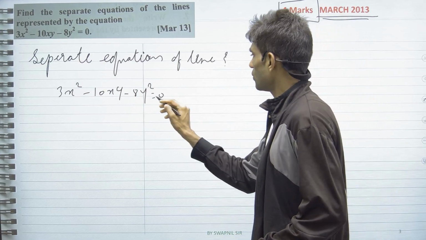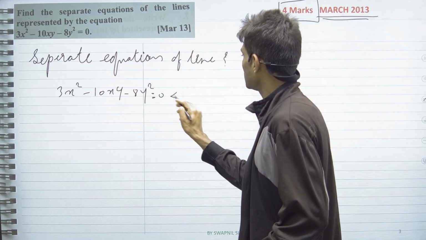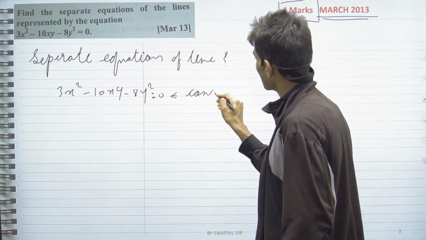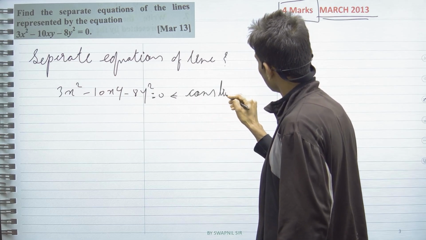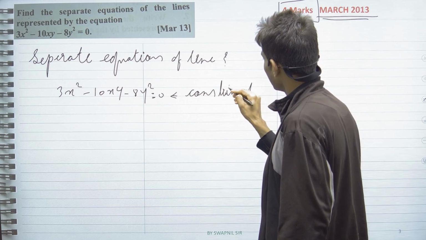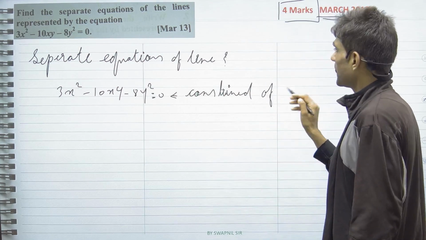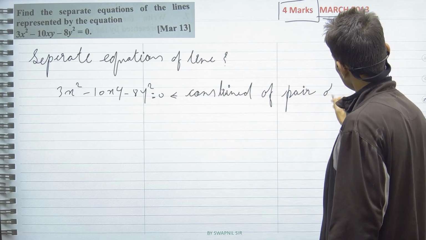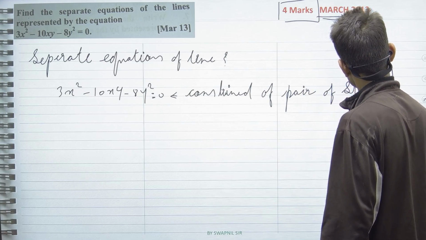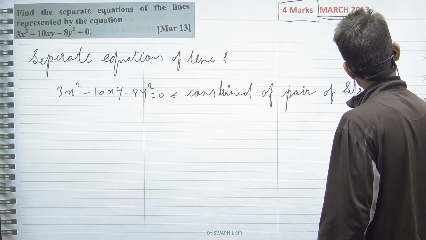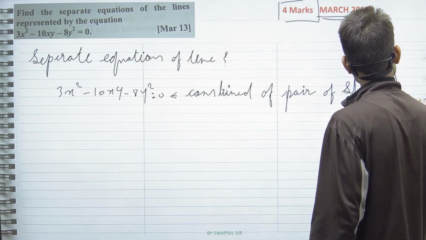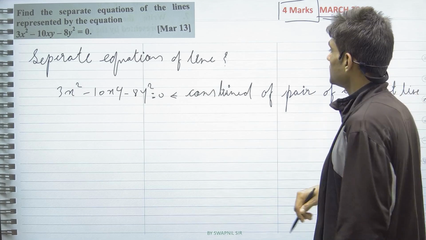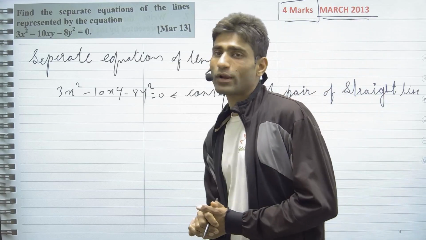This represents the combined equation of a pair of straight lines.